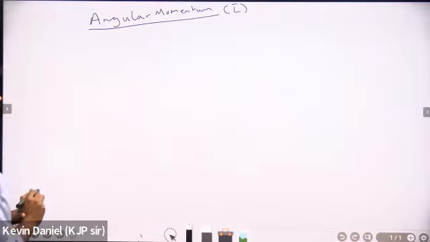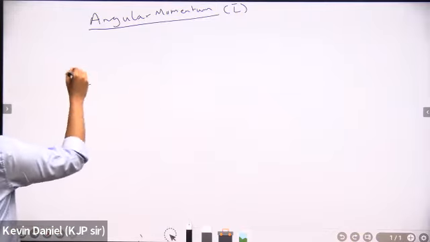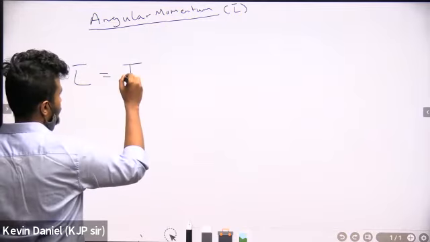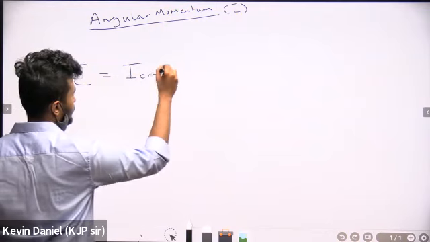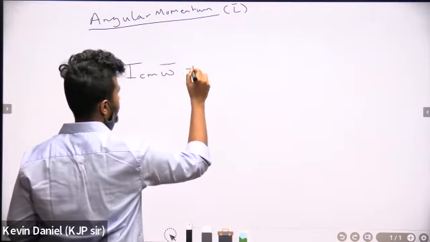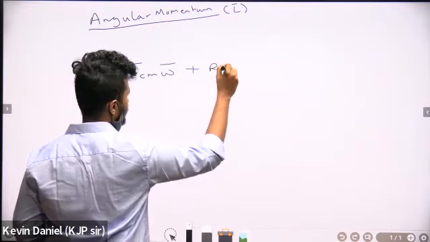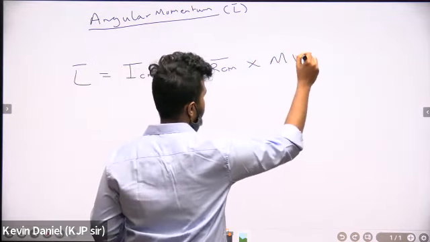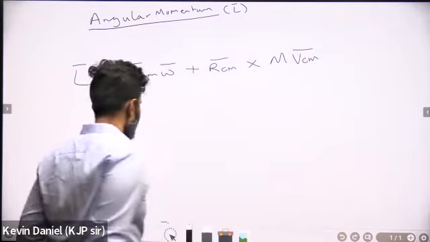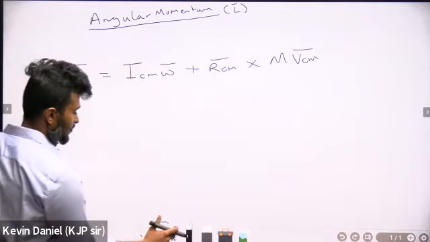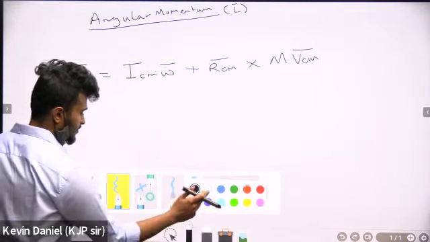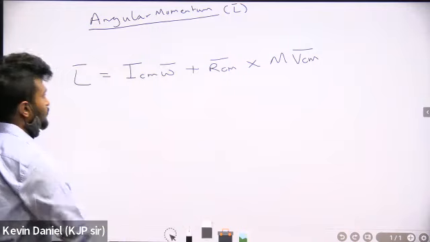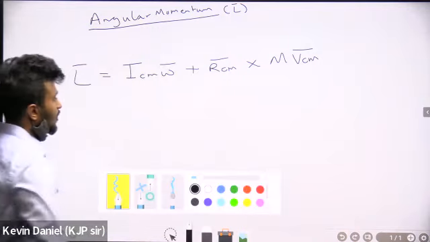The formula that you're going to use is I_CM omega plus R_CM cross M V_CM. I_CM omega plus R_CM cross M V_CM. Yeah, cool. So how does this work?